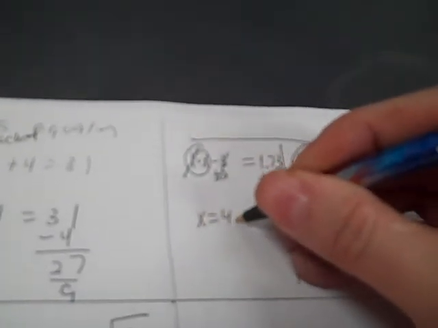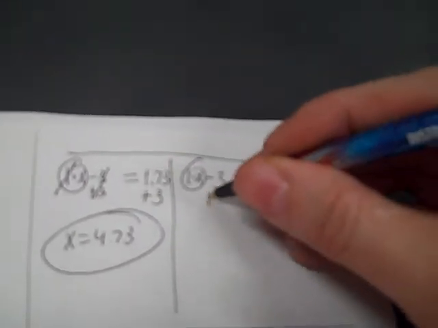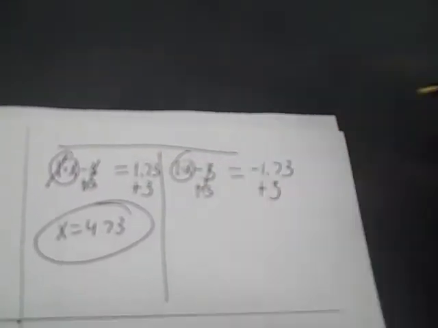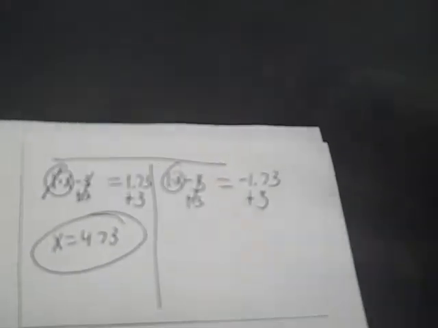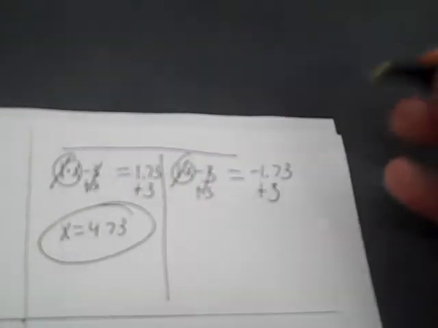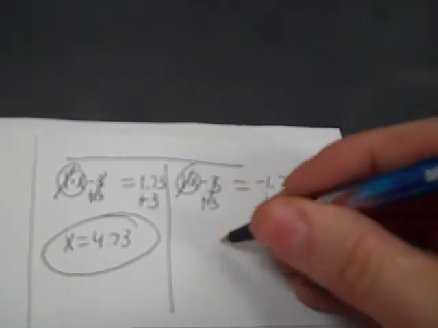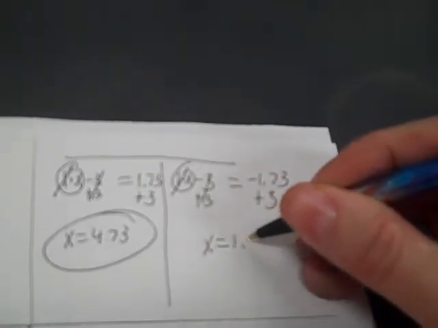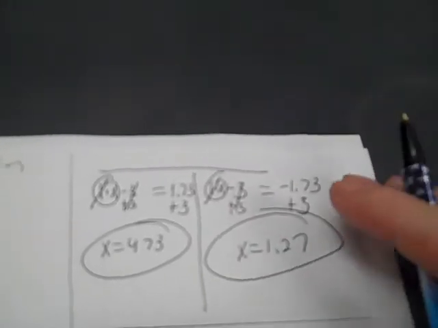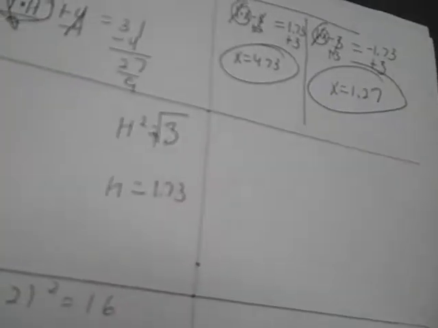It's 4.73 over here. Okay. Now here I add the 3 to negative 1.73. Then add 3, and that's 1.27, okay? And I don't need to divide, okay? That's my answer. Okay? Those are the two answers.